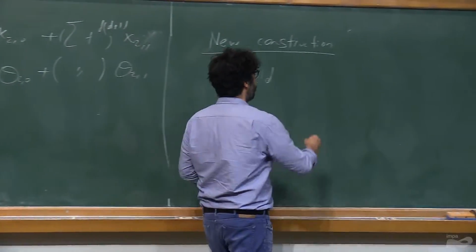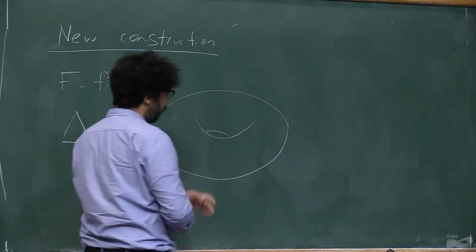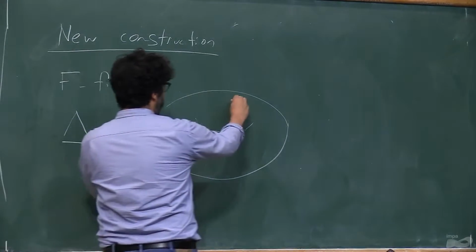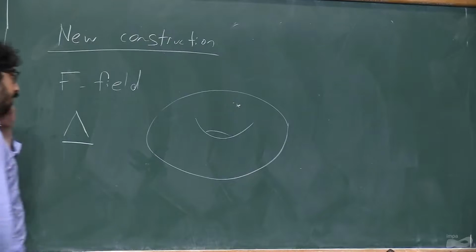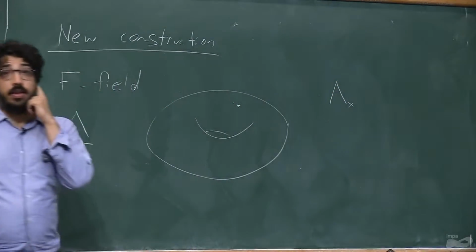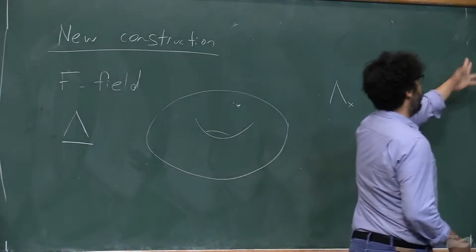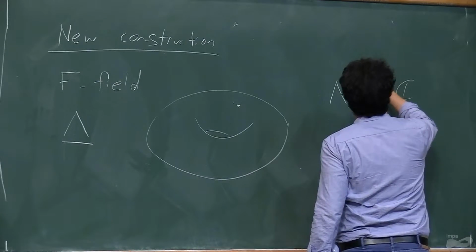So we have a torus, say, or it can be any symplectic manifold. At each point of this symplectic manifold, we have a field, theta x. Okay. So this maybe could be C, or it could be some other field, whatever it is. Okay.